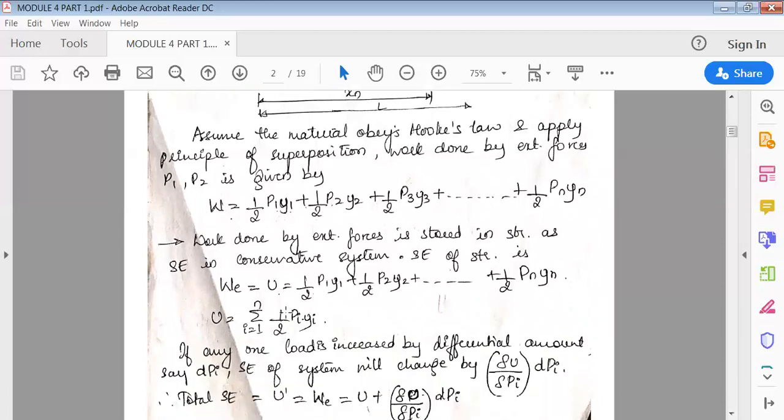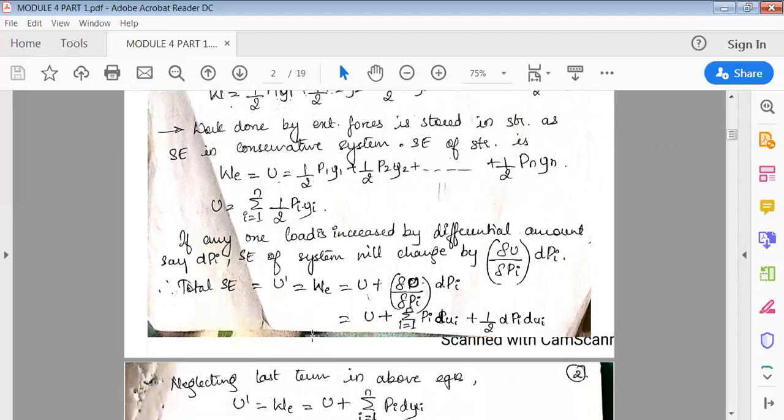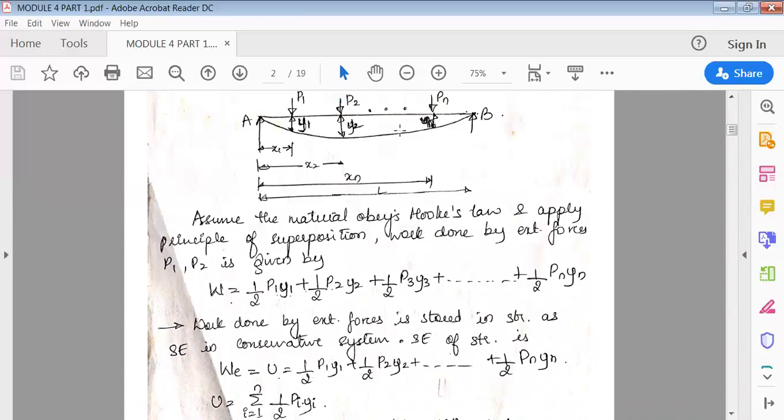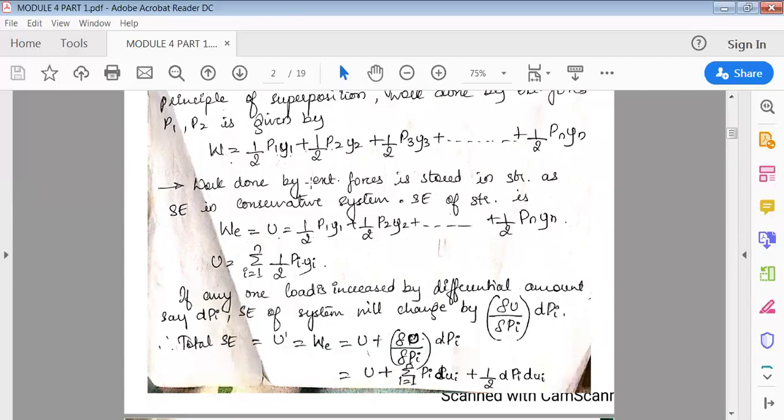So it is half of Pi into Yi for any ith term, with ith deflection. If any one load is increased by a differential amount, say dPi, the strain energy of the system will change by a small amount, that is dou U by dou Pi into dPi.